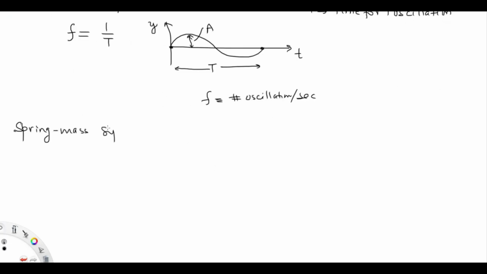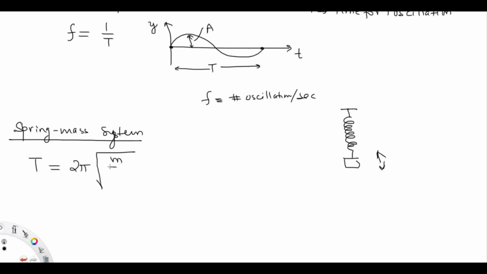For a spring mass system oscillating under gravity, moving up and down, the time period is given by this formula: T equals 2 pi square root of m over k.